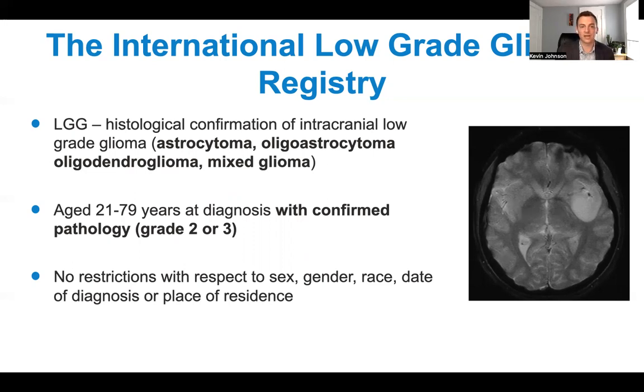To be in the study, you also have to have an age at diagnosis between 21 and 79, with a confirmed pathology report that says grade 2 or grade 3, to better help us understand this relatively rare disease across many patients worldwide. And there are no restrictions with respect to sex, gender, race, your date of diagnosis, or the place of residence. It's an international registry. And again, the goal is to better understand how these patients respond to treatment.